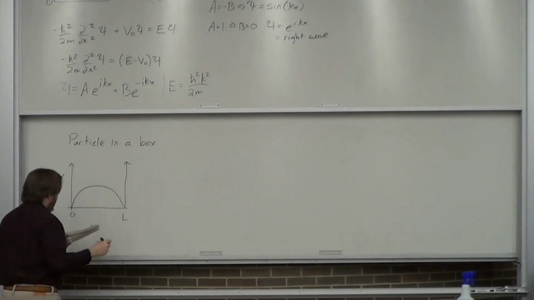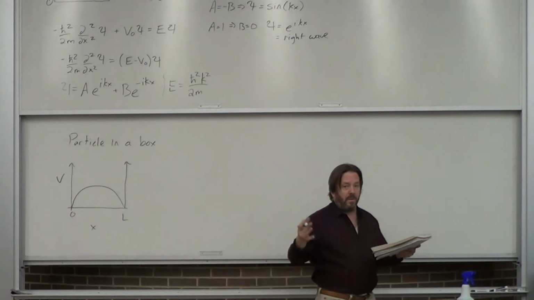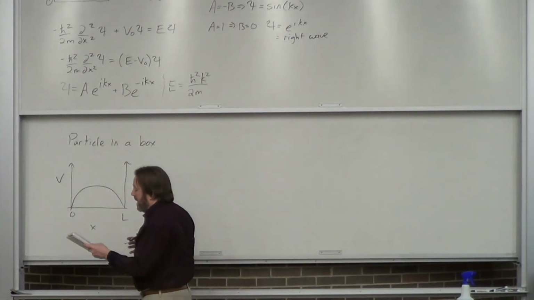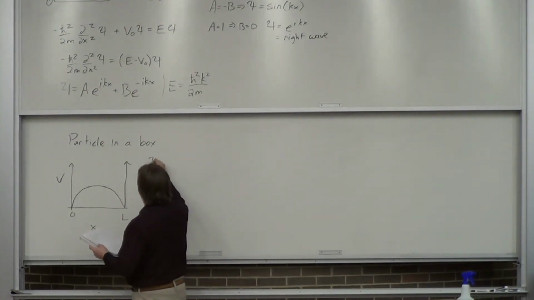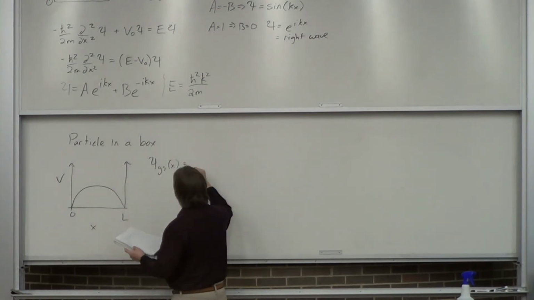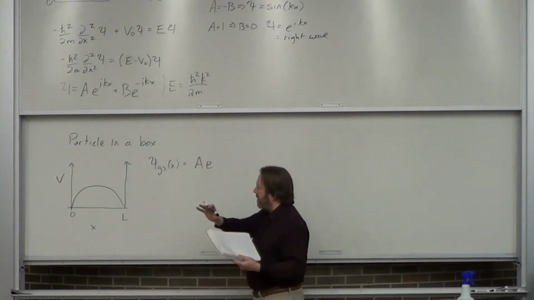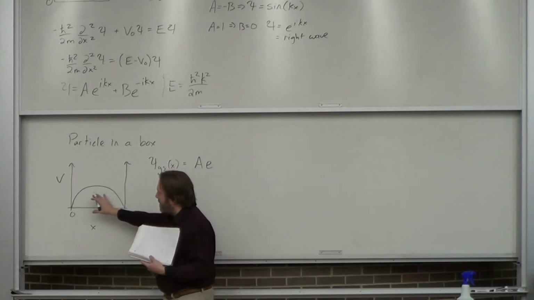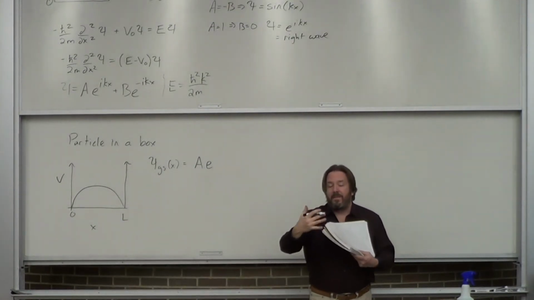Now that is a valid solution. That's actually the ground state of the particle in the box problem. And the way I know that is that I guarantee you that because it's a flat potential surface between 0 and L, that means it's technically a flat potential problem.